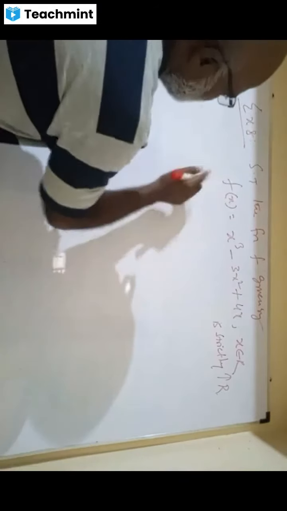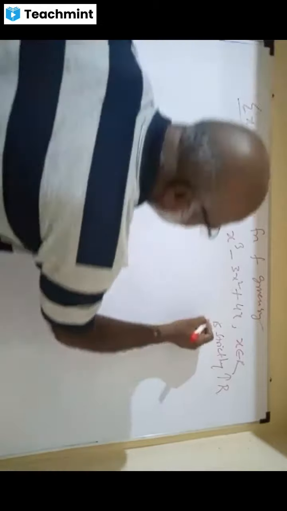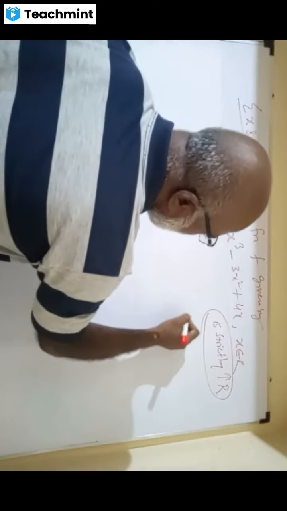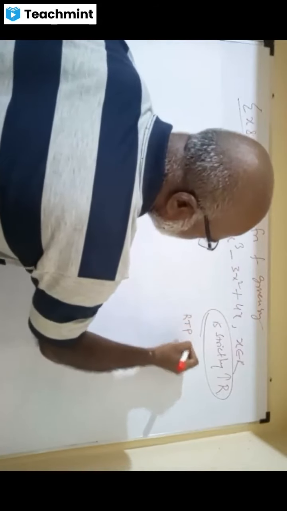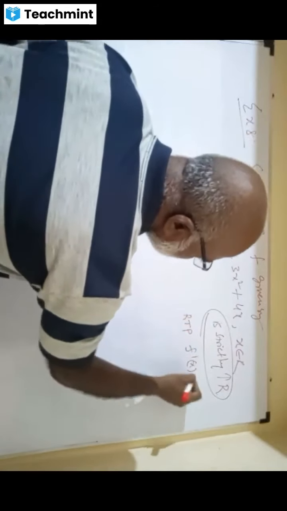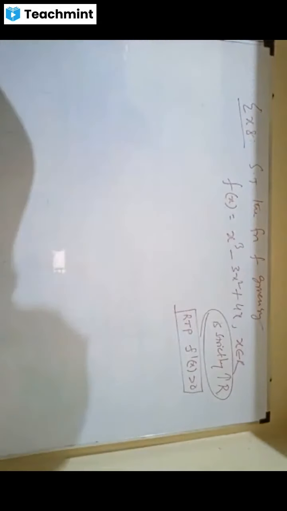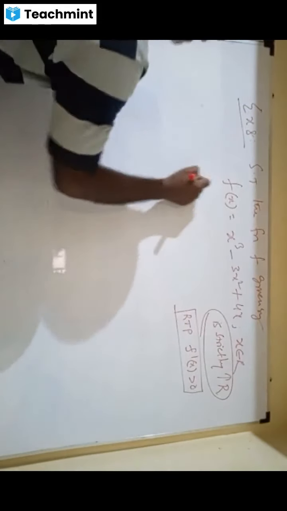And f of x is given. If you want to show that the function is strictly increasing in R, it is required to prove that f dash x is more than 0. Do you agree? Therefore, you find f dash x now.